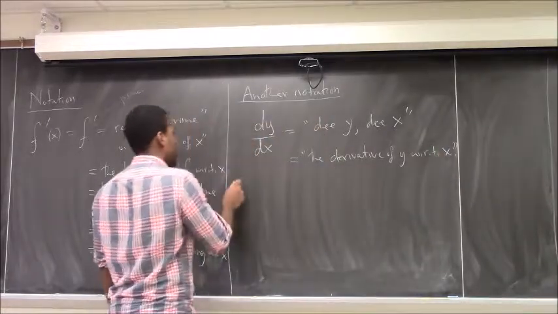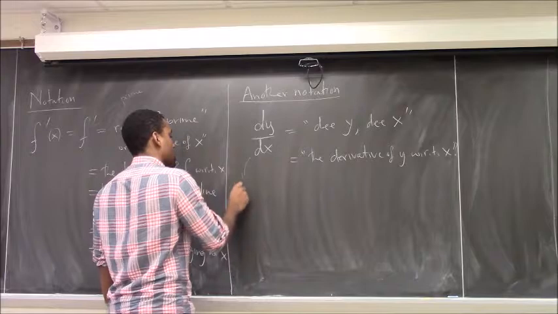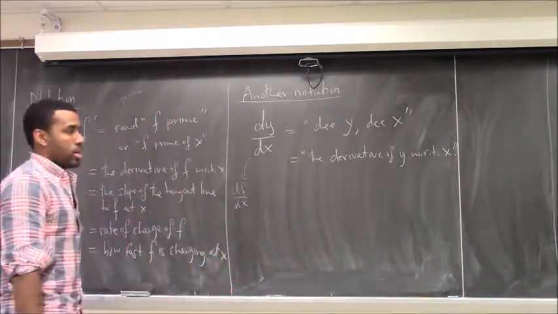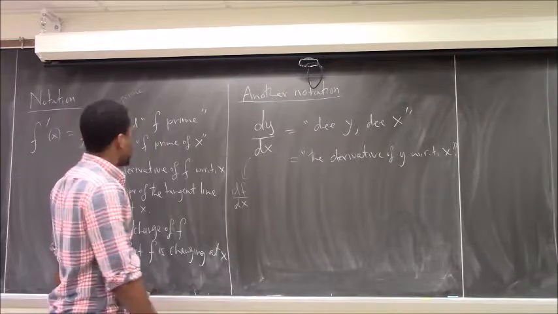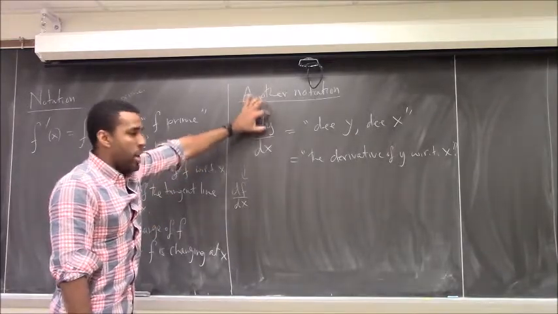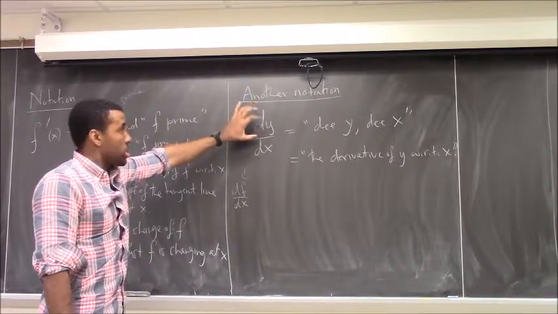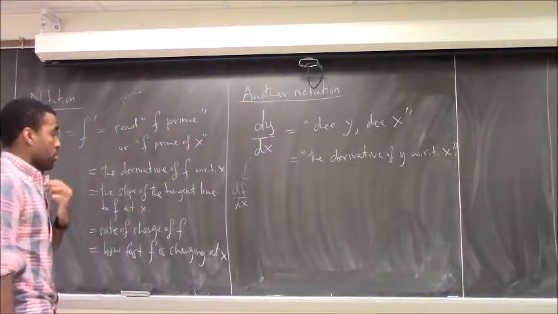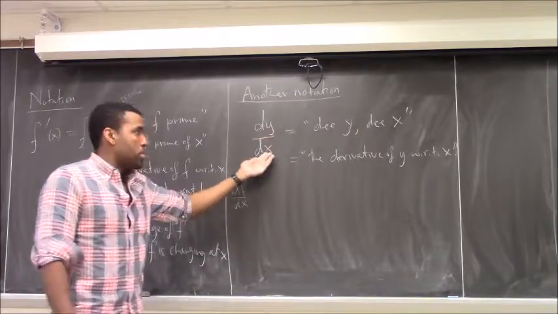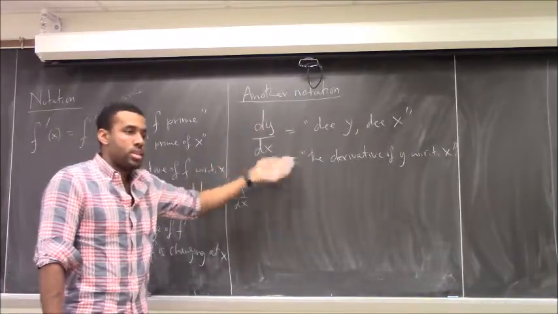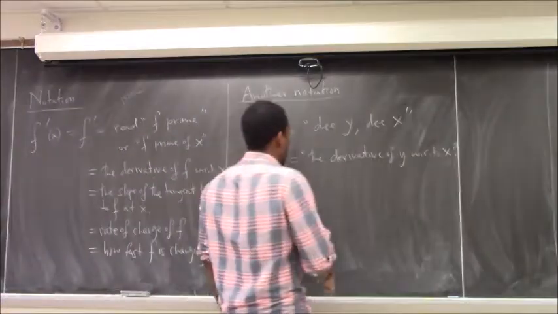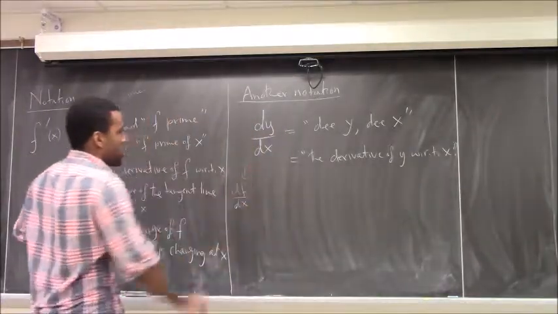You could also see something like df dx, but usually we would say something like dy dx. And of course, the variables here, like x and y, depend on what variables I'm using in the problem. So if I call my function p and my input is t, I can talk about dp dt, or I can talk about p prime. So these are two of the main notations.